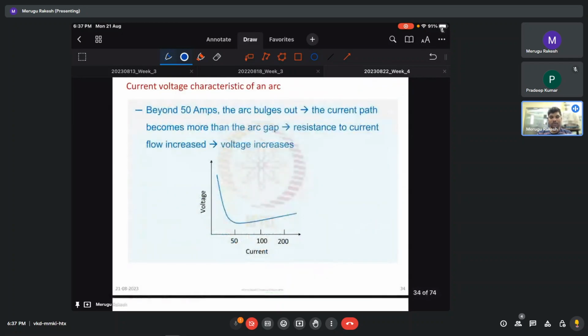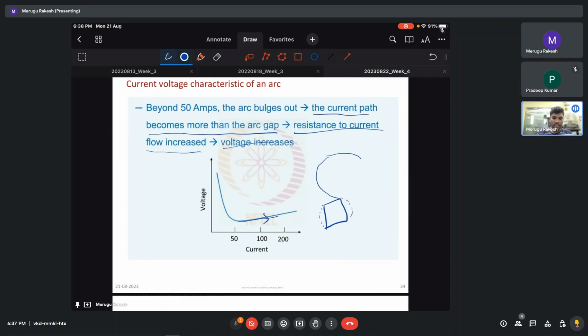But above 50 amps, we are going to get a bulge in the arc. Before it was like this, and then we get this bulge. Because the arc bulges out, the current path becomes longer than the arc gap, resistance to current flow increases, and the voltage increases.